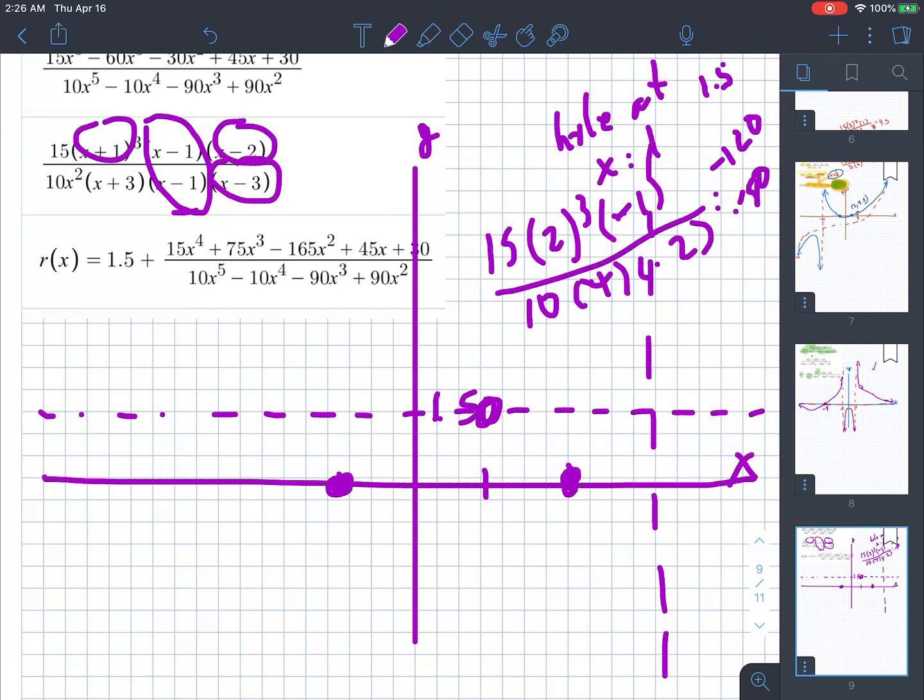And at negative 3 we have an asymptote. And at 0 we have an asymptote. I'm going to make that one a different color, just so I don't forget it.